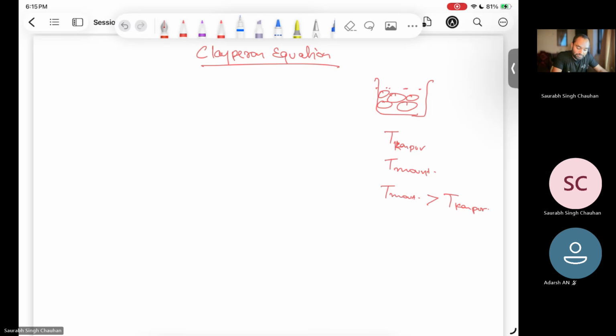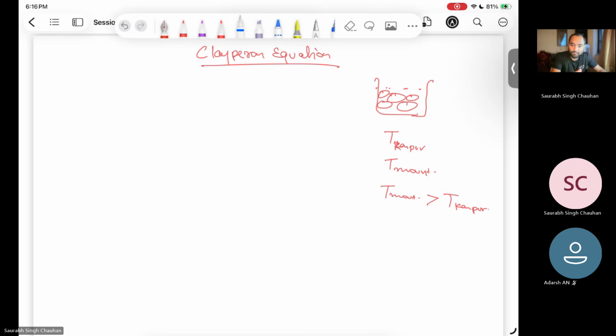If you increase the temperature of water, then more heat will be transferred to the potato per unit time. So the heat transfer rate will increase, but there is a limit on the temperature of water that you can keep. You can increase the temperature of water only up to its boiling temperature, right?